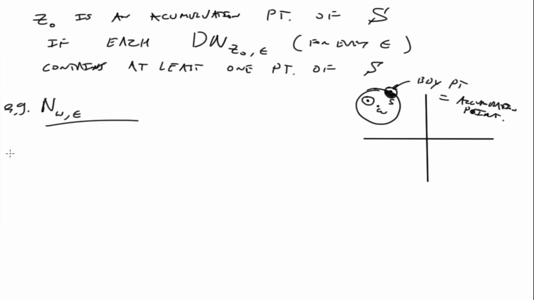So now let's talk about another example. Let's talk about this set S, a set that's a little different than we've talked about before. It's going to be the set of complex numbers i over n for n equals 1, 2, 3, 4, 5, 6, and so on to infinity. What does this set look like? I'm going to draw another axis.